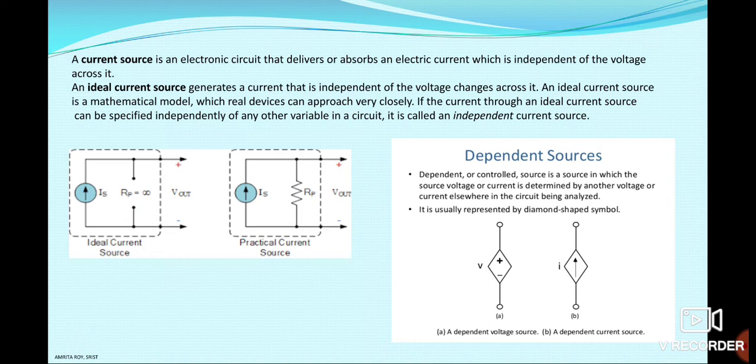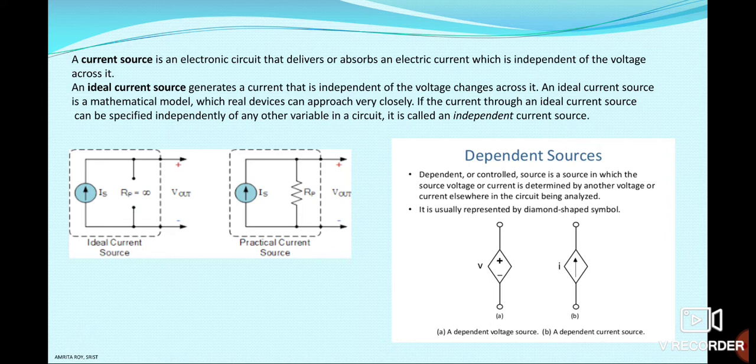So in the diagram, I have shown the ideal current source and the practical current source. In case of an ideal current source, we can see a resistance which is kept open and is written as infinite, but in case of a practical current source, a resistance is connected in parallel with the current source and the resistance has some value.